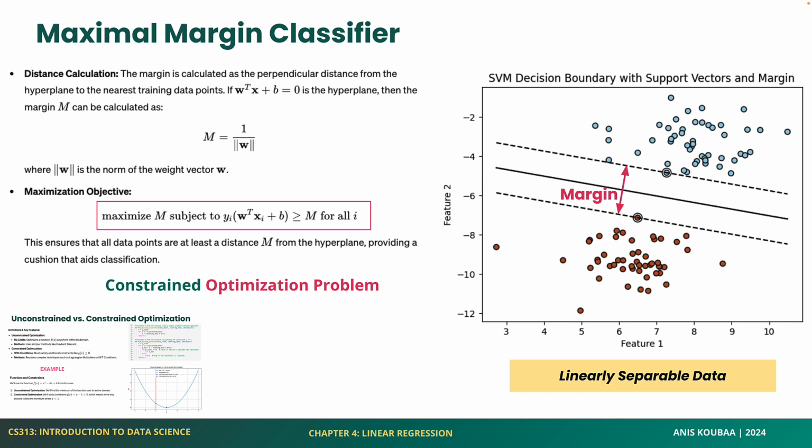But this is not an unconstrained optimization like in typical gradient descent. This is a constrained optimization because we need to make sure that every point is outside of this particular margin. I'm going to explain today in all details why we need this constraint.